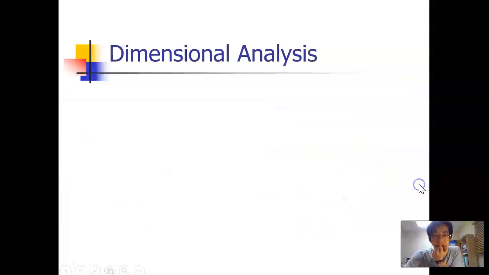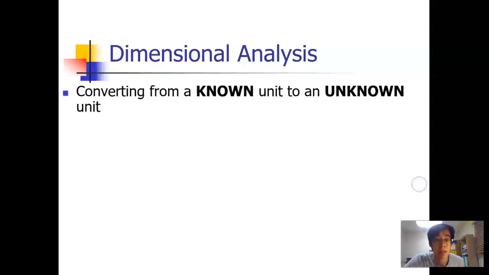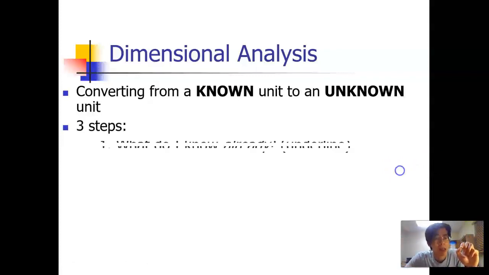Alright, so let's look at the strategy of how to convert between different units. First, you're going to start with the unit that you know, and then we're trying to figure out the unit that we don't know, right? The known and the unknown. And there are 3 ways to organize it and look for what we're trying to find in the question. Okay?